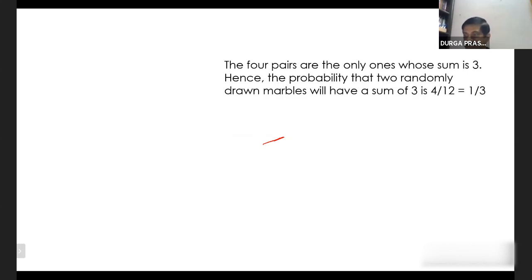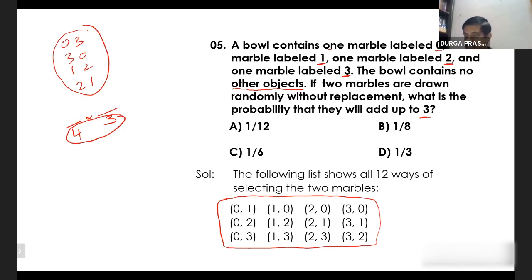See, what is the other way of working the same question? Look at this. I'll say the probability of getting 0 is 1 out of 4, and the probability of getting 3 is 1 out of 3. Or again, 1 out of 4 into 1 out of 3, or means plus, 1 out of 4 and 2 is also 1 out of 3, or 1 out of 4 into 1 out of 3.